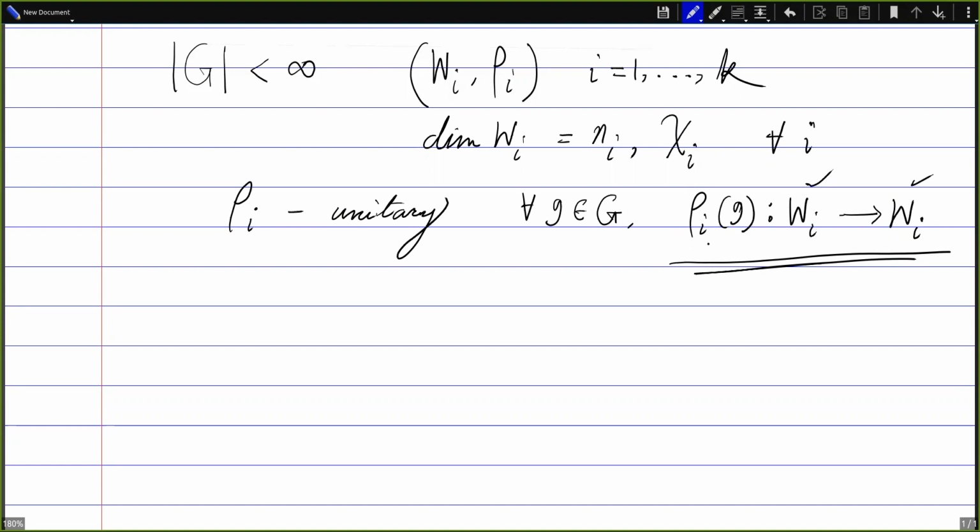In fact, this is not a serious condition at all, because we have already seen in one of the earlier lectures that whenever we have a finite dimensional representation over C of a finite group, then indeed we can put an inner product on the space which makes each and every linear operator unitary.